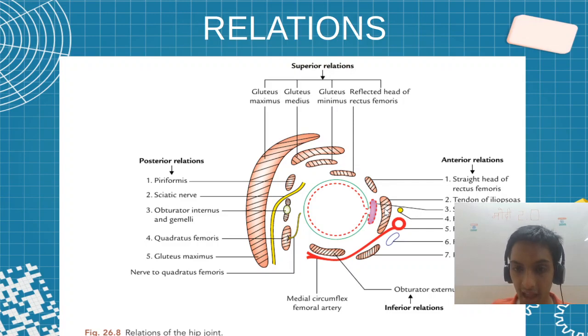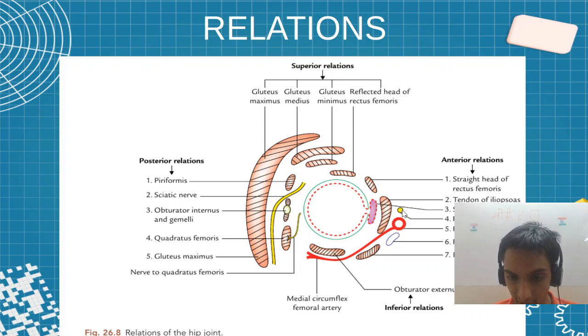So let us come to the anterior. You are also seeing the iliopsoas muscle. This is the synovial bursa, and this is the joint capsule we are seeing. And then the structures of the femoral vein, artery and nerve.